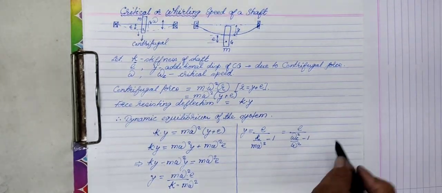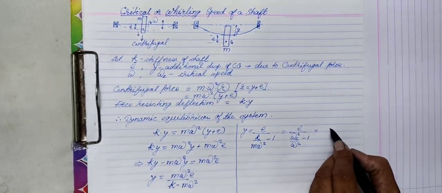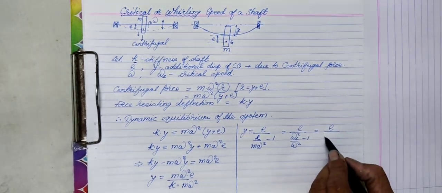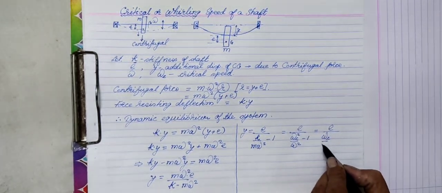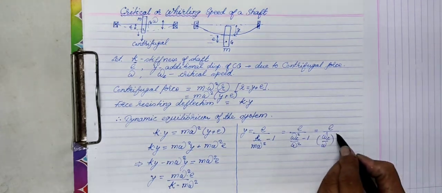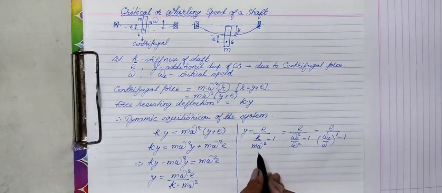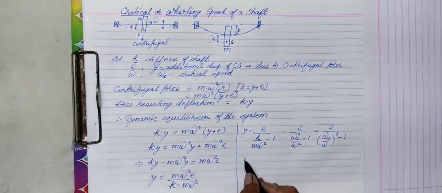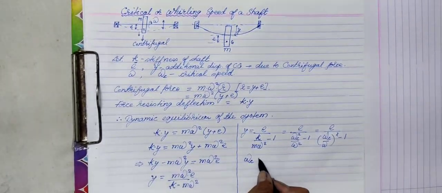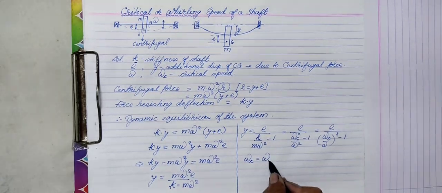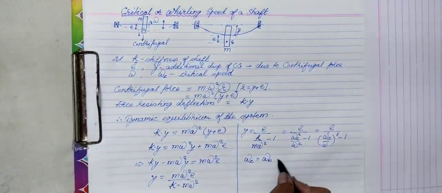So I can write it this way as e upon omega c upon omega square minus 1, where we can say this critical speed is the natural frequency of vibration in this situation.